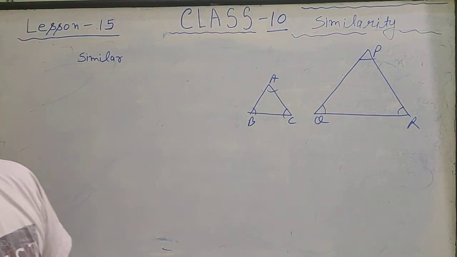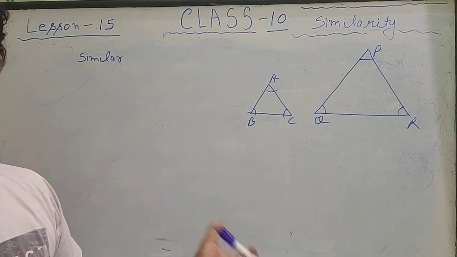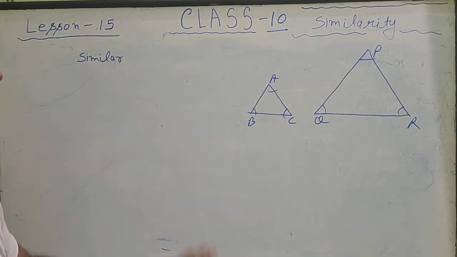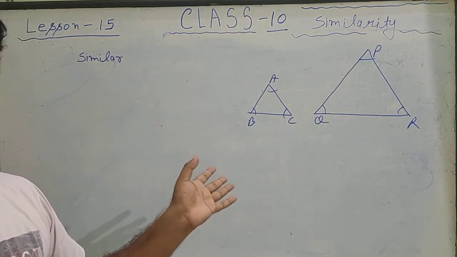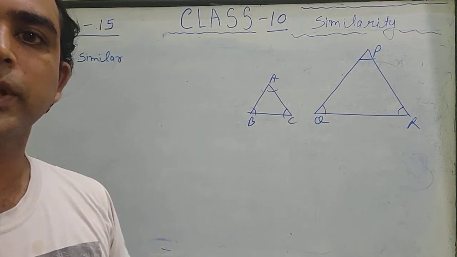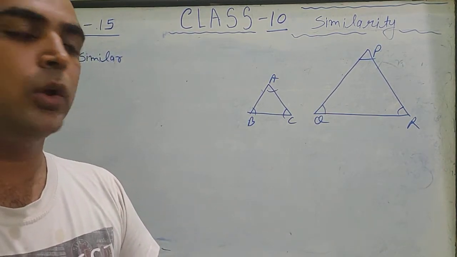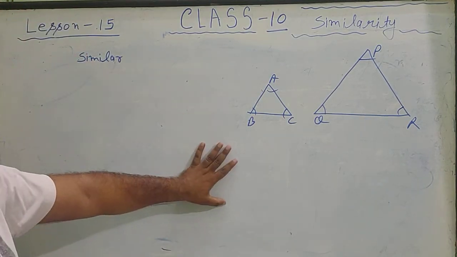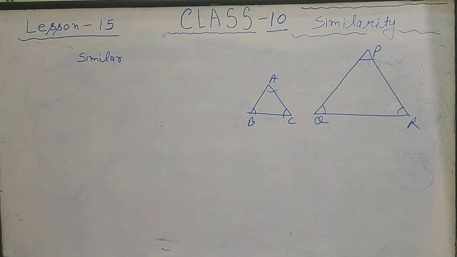Now there are three types of similarity criteria. In class 9, in the congruent triangle, five properties are there: side angle, side angle, RHS. But in the similarity only three criteria are there. So let us understand what they are.